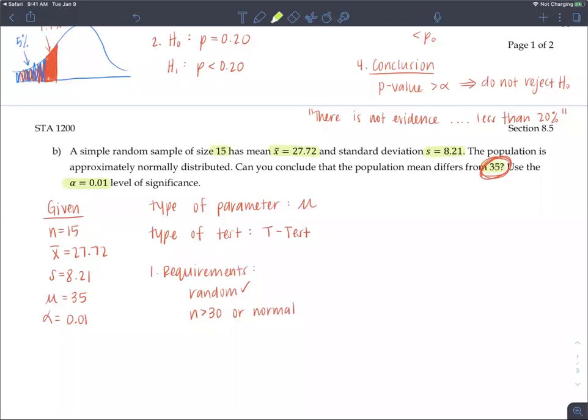N is greater than 30? No, look at what n is equal to here. If n isn't greater than 30, then we better be told that it's normal. Am I told that it's normal anywhere? Yes. And so the second requirement is satisfied as well.